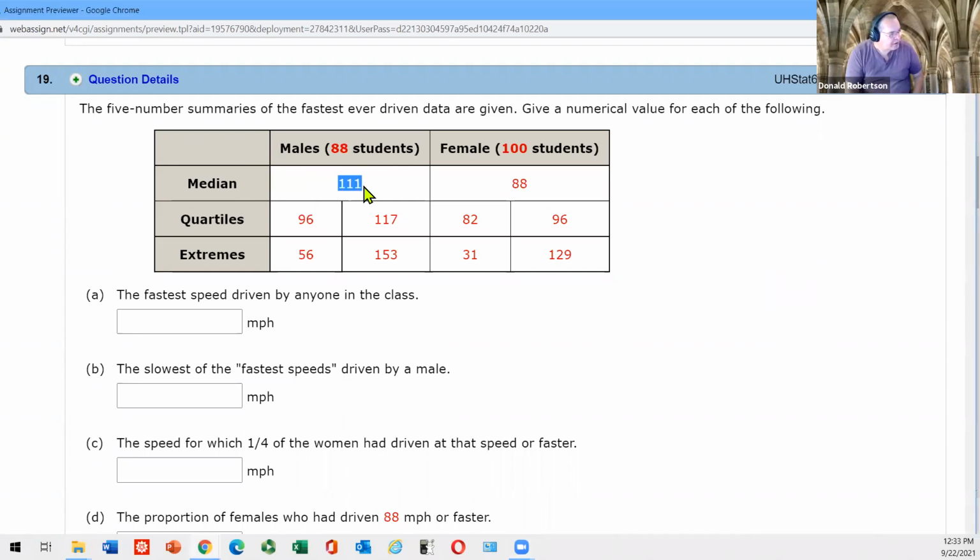So this guy here is Q2, the median. This guy is Q1, this guy is Q3, this guy is the max, and this guy's the min. All right, they may not have written them down with the names I called them, but they're calling the extremes, the small one is the smallest, and the big one is the biggest. So for guys, one guy, the fastest he said he's ever driven was 56 miles an hour.